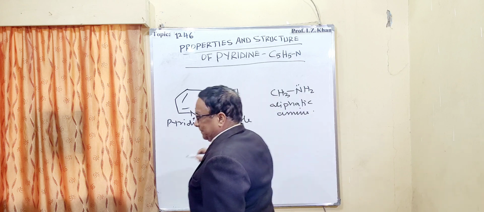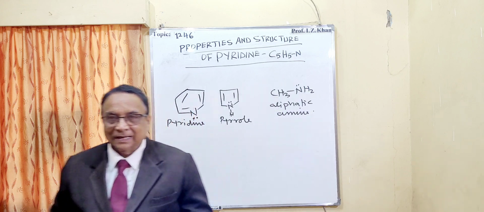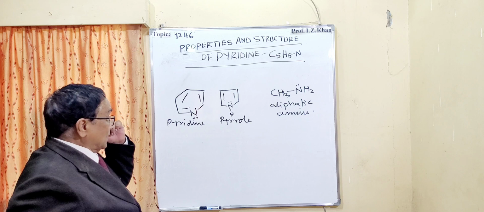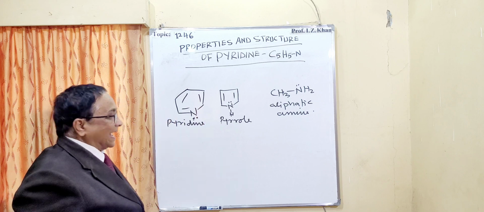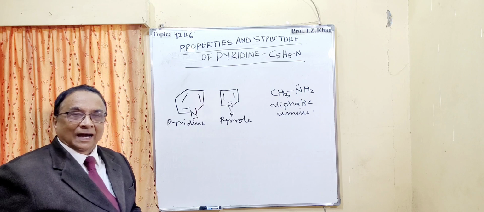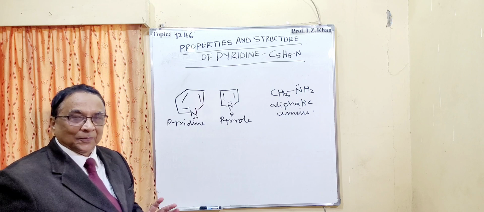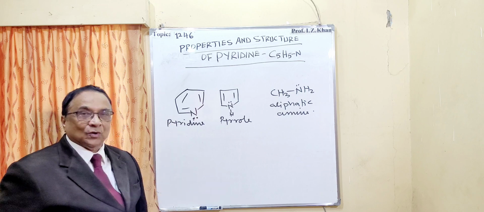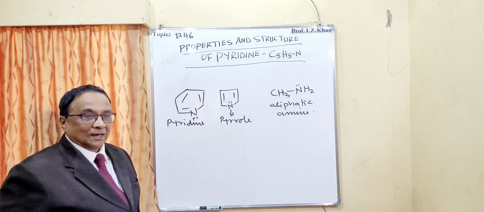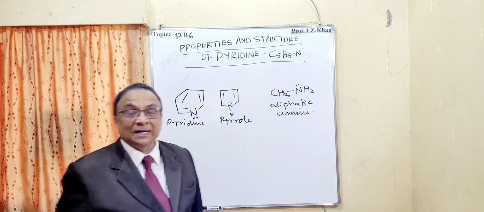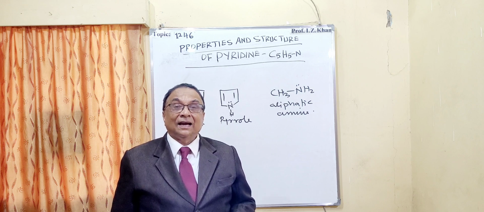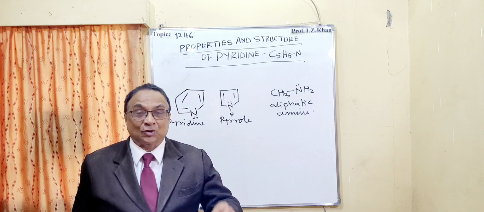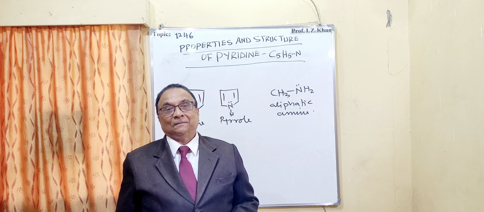So these three compounds are there, and in all three compounds nitrogen is carrying a pair of electrons, and that pair of electrons is going to play a very important role in determining its basicity, acidic character, and also electrophilic and nucleophilic substitution reactions.